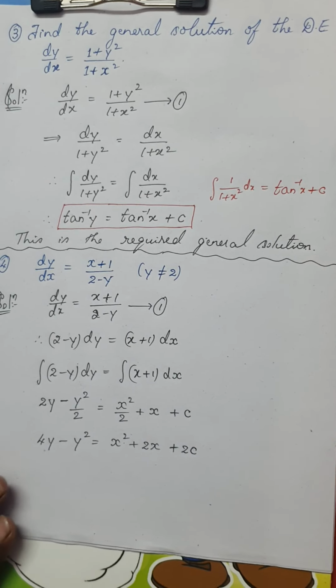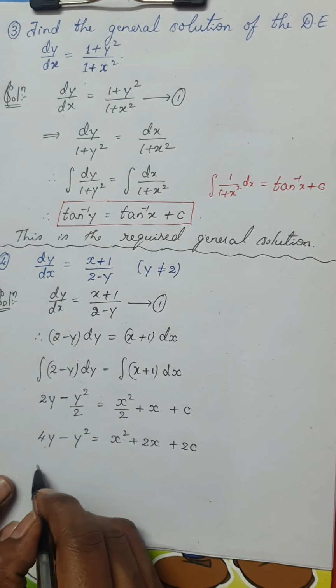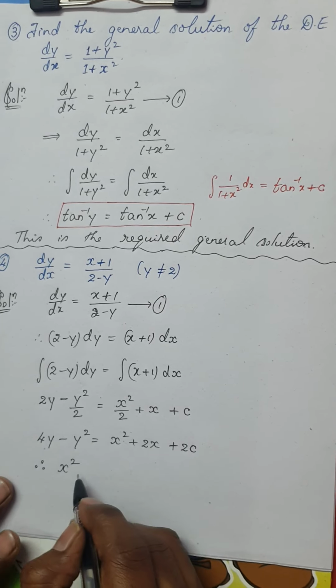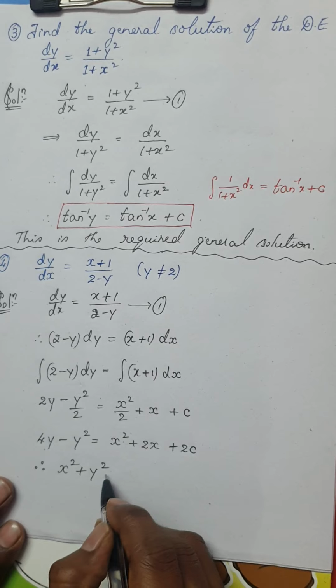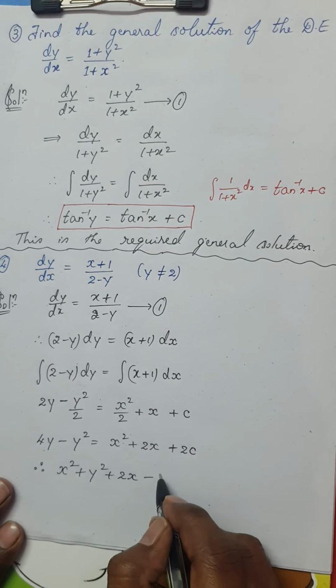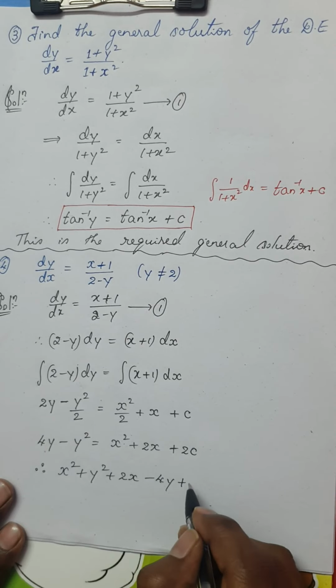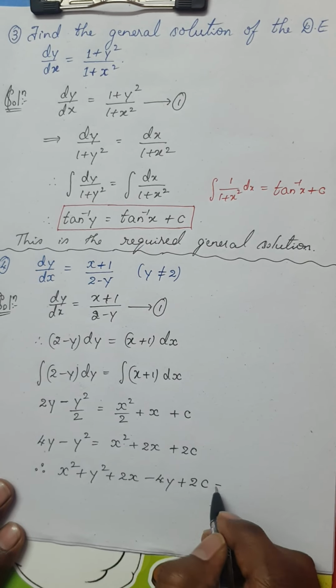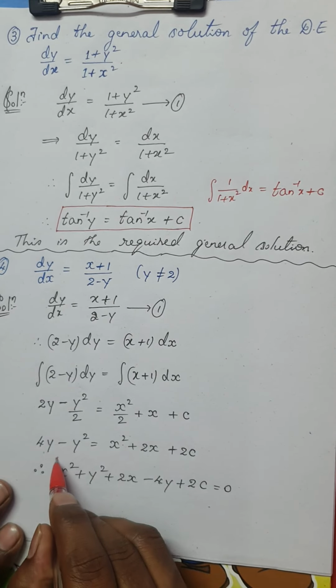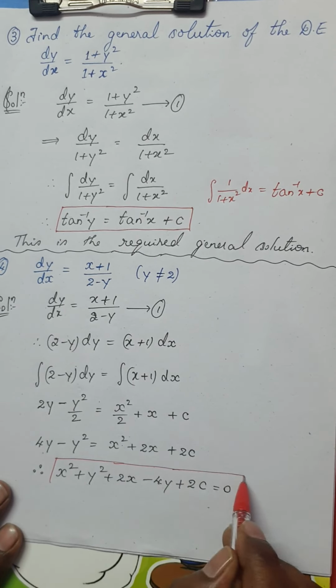Now bring all the terms to one side and let us write it in a more systematic pattern: x square plus y square plus 2x minus 4y plus 2c is equal to 0. So this is the required general solution.